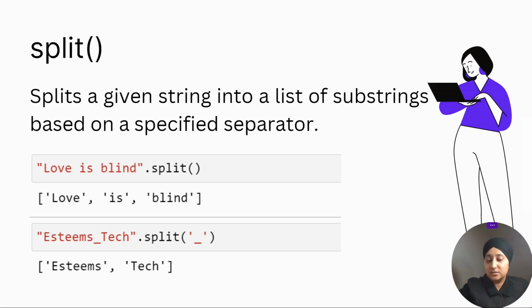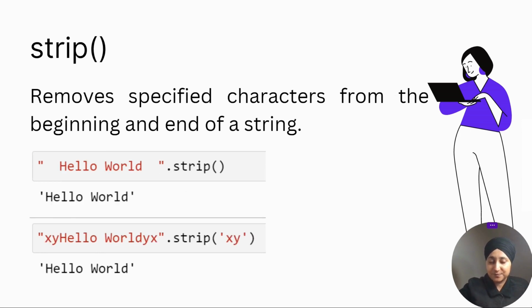In the second case, wherever an underscore is there, the underscore is joining two words, esteem and tech. So we are splitting these two words using the separator underscore, and converting esteem and tech separately into a list. Now the split function is used to convert a string to a list using a specified separator.